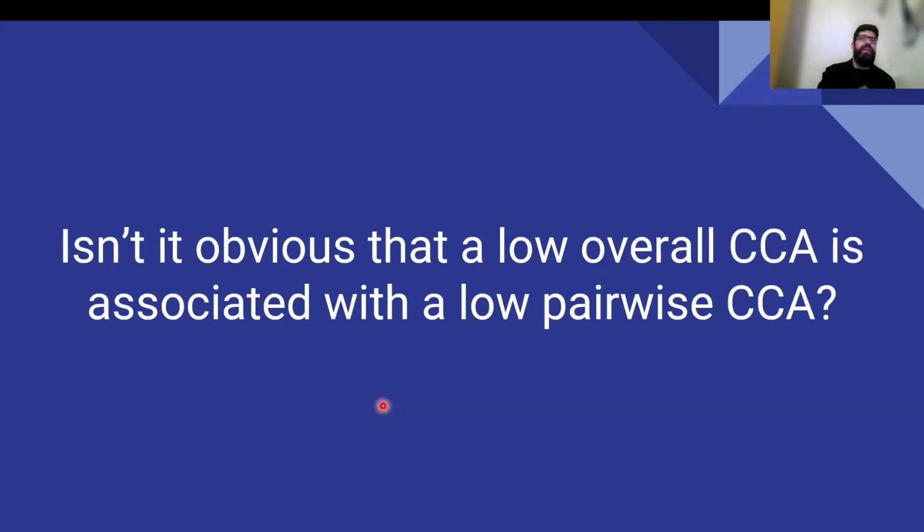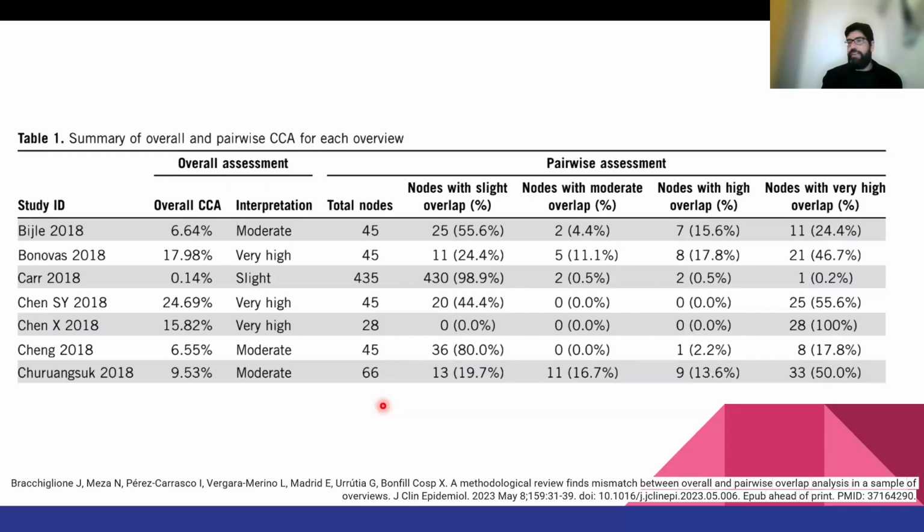If the initial one is high, each pair should be high. Actually, it is not. This is a paper we published recently in the Journal of Clinical Epidemiology, where we looked at several overviews. Each one of these is an overview. We calculated the overall CCA, that's for the whole matrix, and we also calculated the pairwise assessment. That's for each possible pair of systematic reviews.